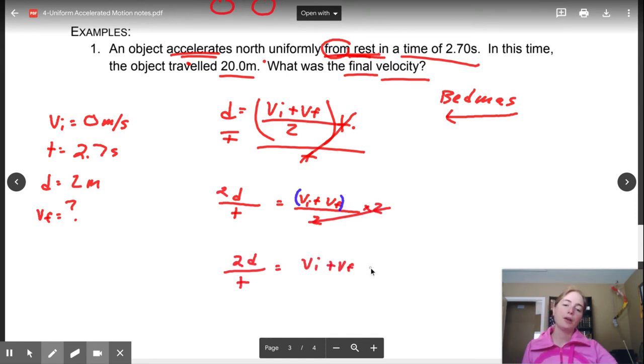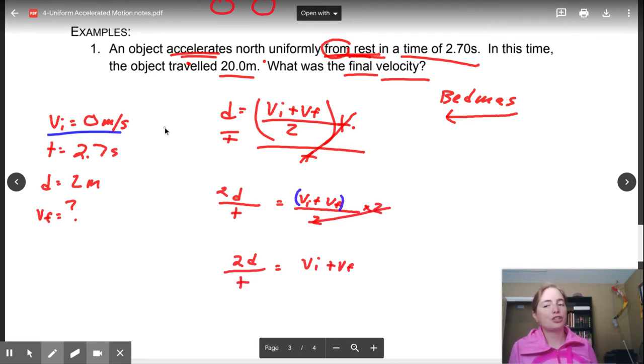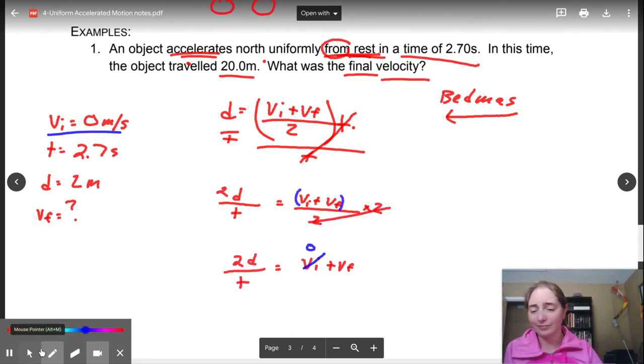Now I want to show you guys a trick here. What's your VI? 0. So you have a VI of 0, ladies and gentlemen. Now, because you have a VI of 0, I'm just going to cross it off. It's 0. It cancels. Save yourself the work of subtracting VI over. Done.